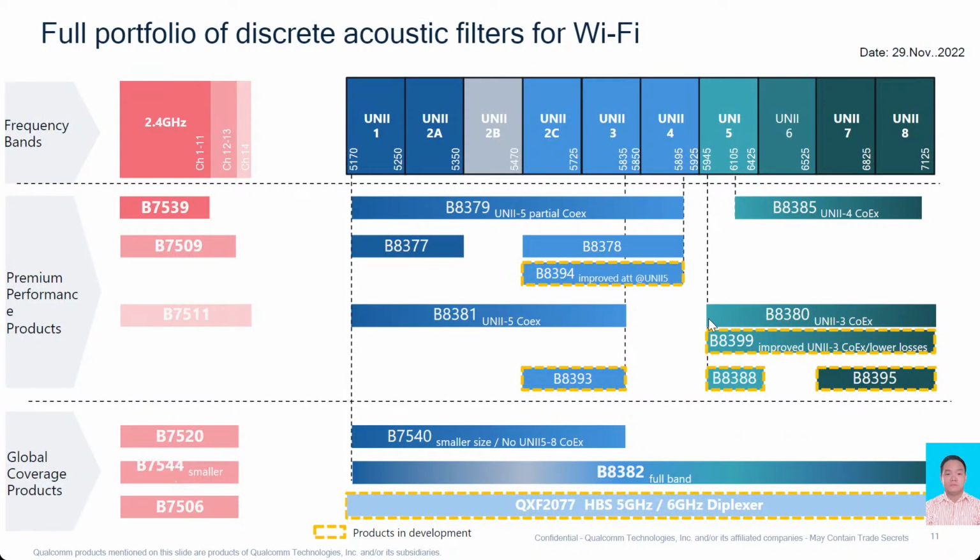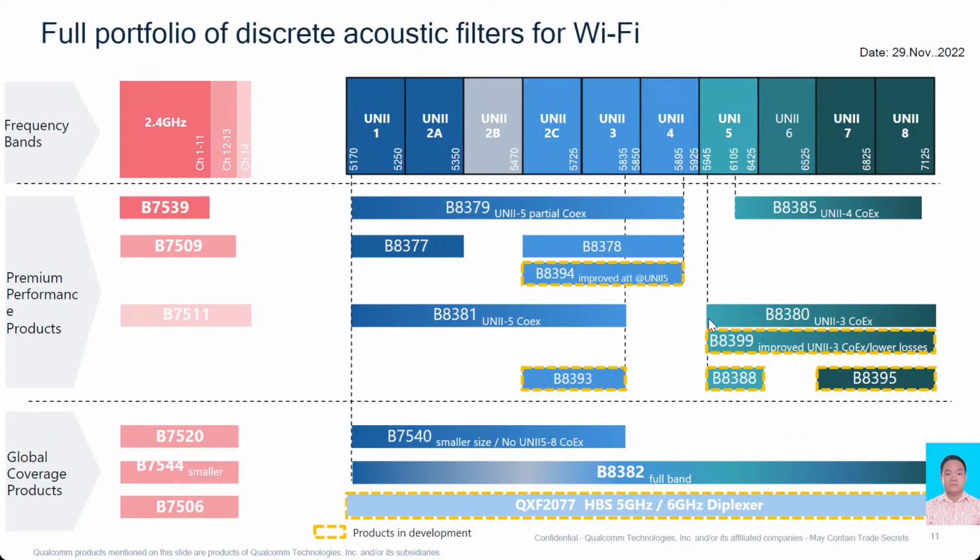This is our favorite slide here at Qualcomm. It shows the complete portfolio on one page, which us marketing guys like to do. To the left, you can see we're starting at the 2.4 gigahertz spectrum, and the components that we have there. So as I mentioned earlier, the global channel 1 to channel 13.